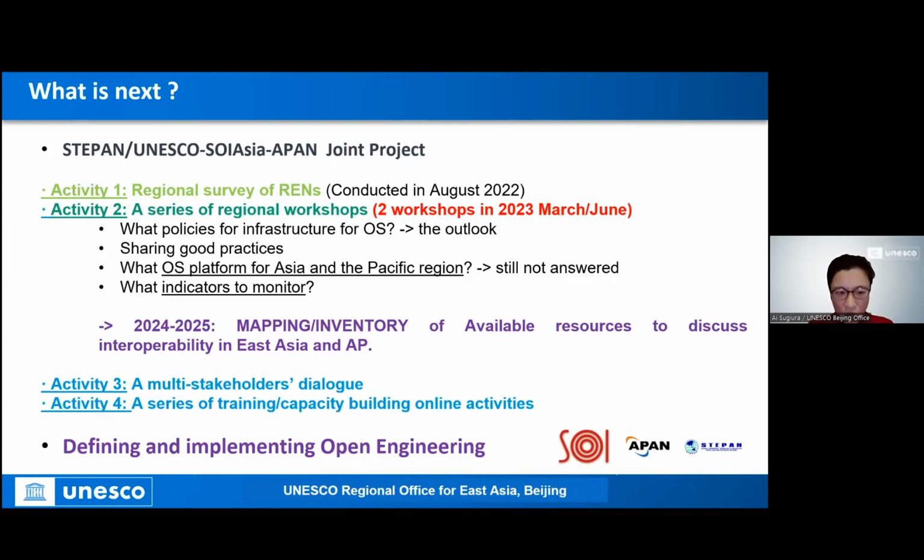We'd also like to invite you to an exercise on mapping the available resources on infrastructure for open science, so that we can discuss the interoperability requirements for our region, for East Asia, and then for all of Asia and the Pacific.